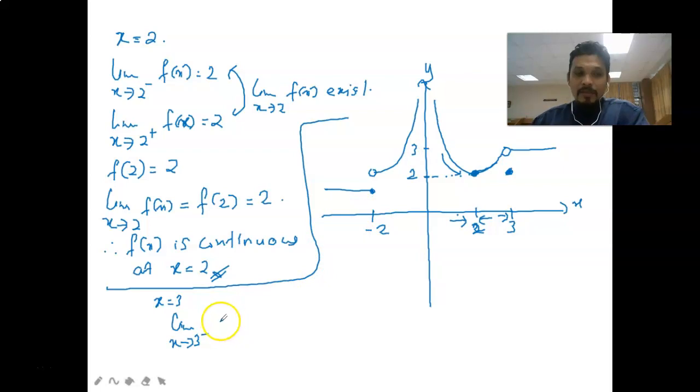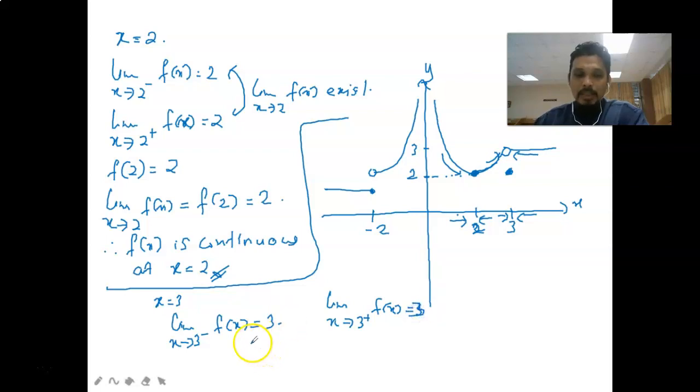So the limit of this function is 3, and also the limit as x approaches 3 from the right of the function f(x), look at this one here now, is also approaching the value of y equal to 3.